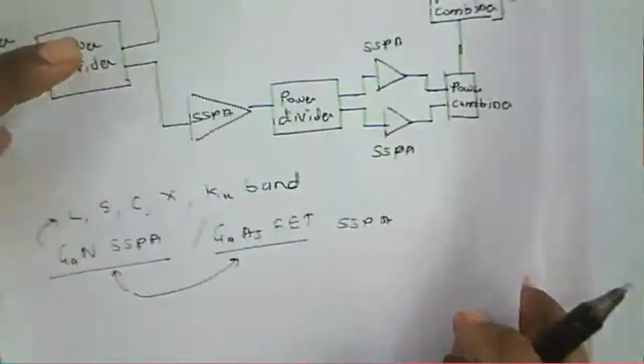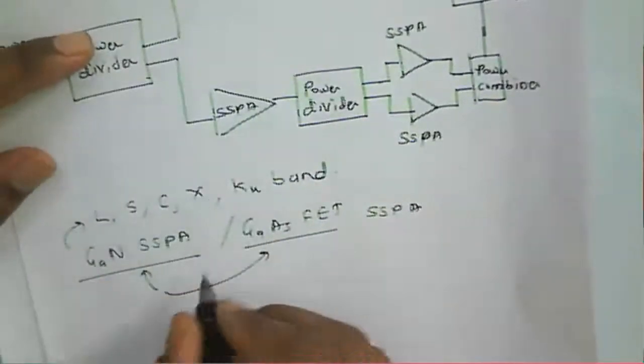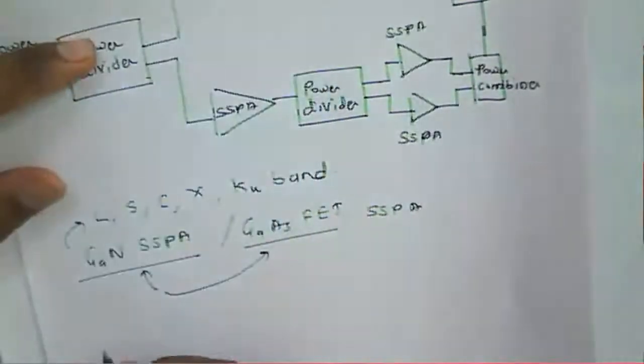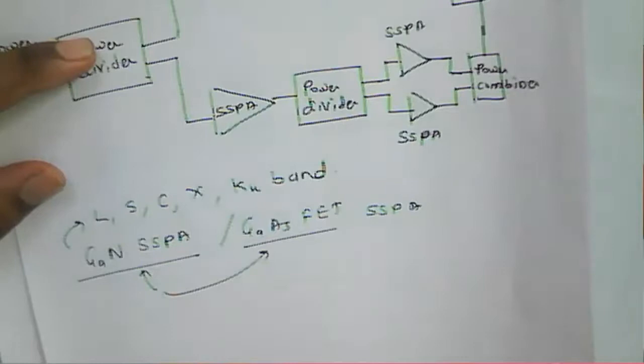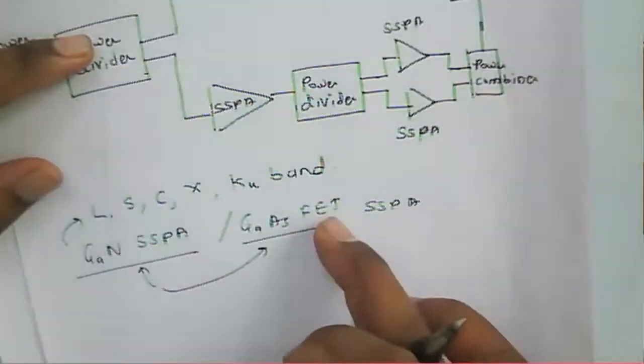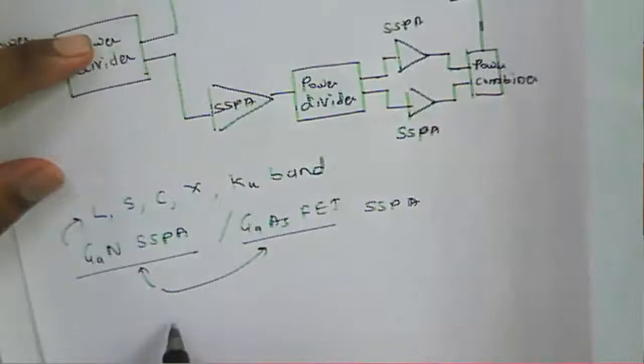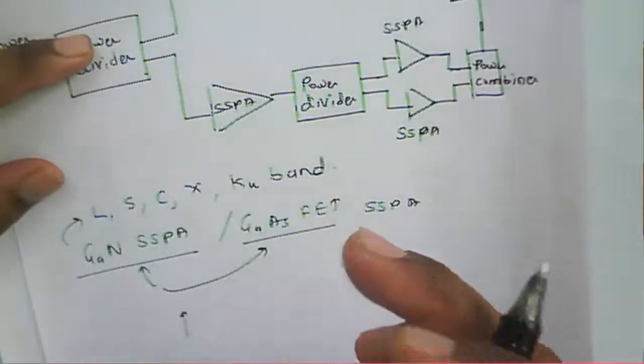Then another example of a power amplifier is the cross field amplifier. If we consider a cross field amplifier, we have electron beam focusing and a magnetic field.